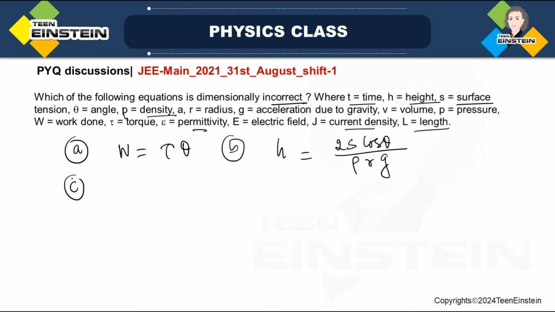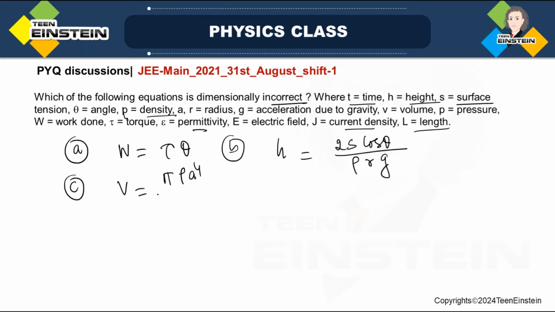then option C, V is equal to pi, I think this is P given here. Okay, P or rho. Let me, I think it is rho over here.